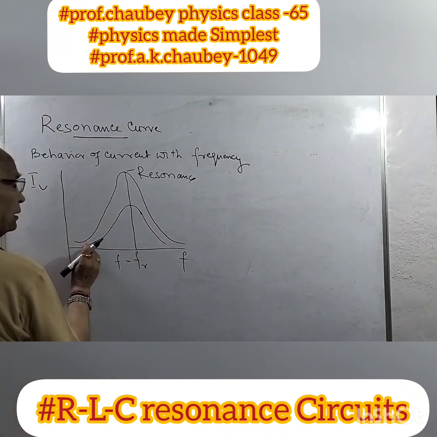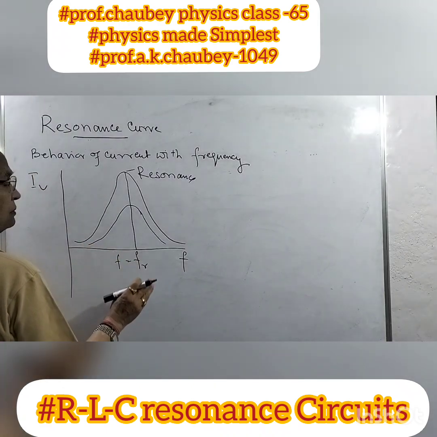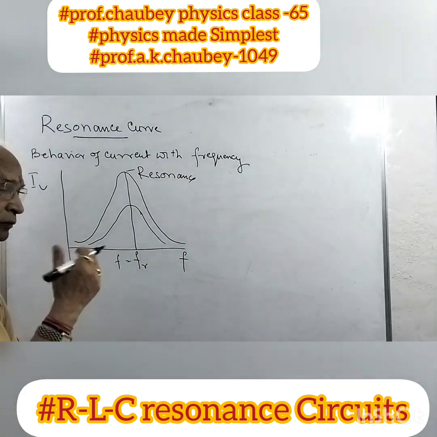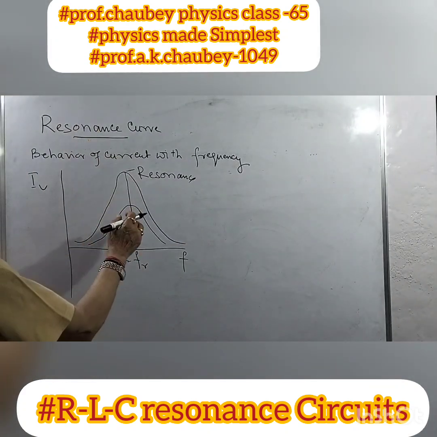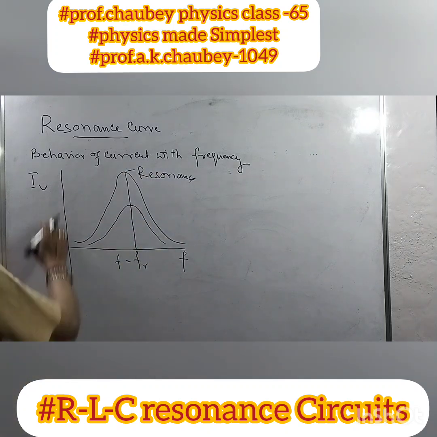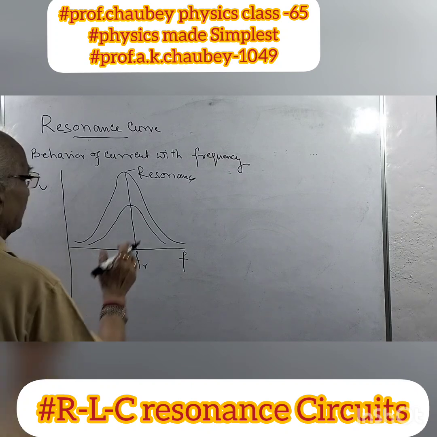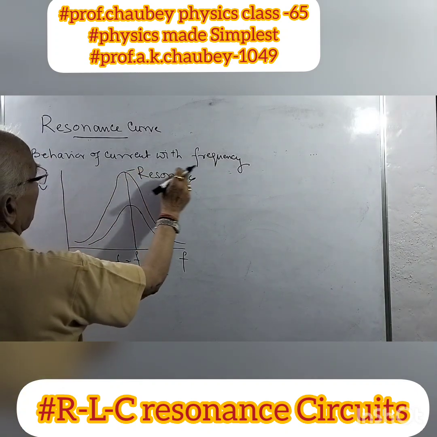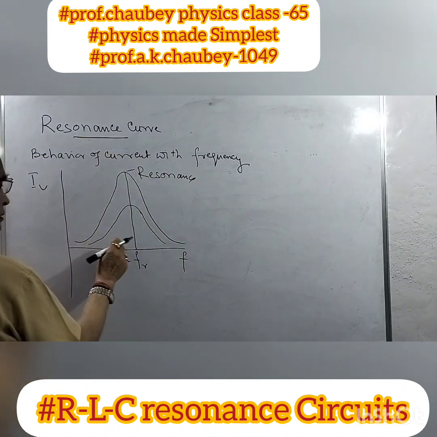Frequency changing, current increasing. At a certain frequency, when XL and XC both become equal and opposite, the current becomes maximum. So this gives the behavior of current with frequency, and this is known as the resonance curve.